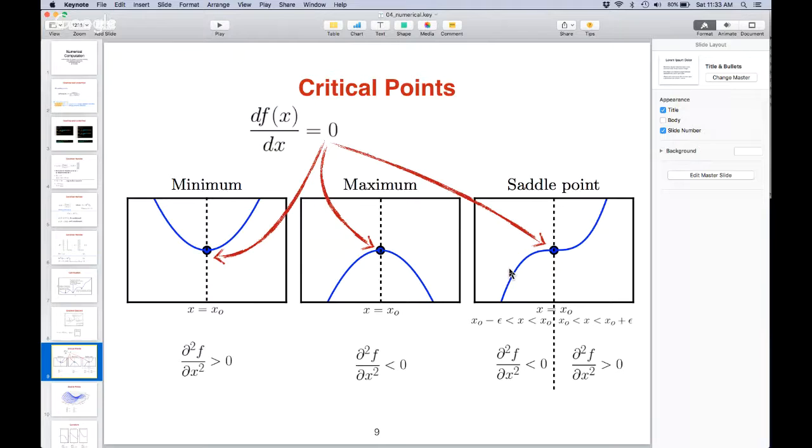And here's an interesting critical point called a saddle point. The saddle point actually happens very rarely because the gradient ascent algorithm kind of moves in a random fashion in your solution space.